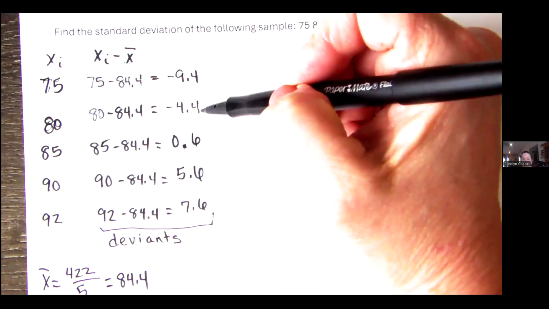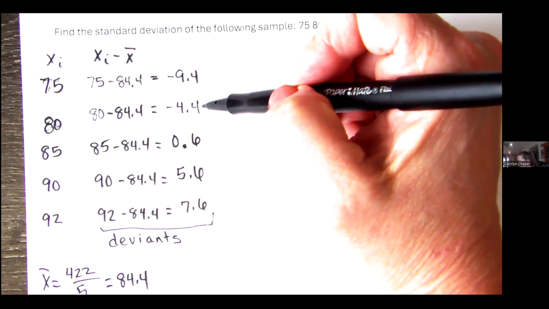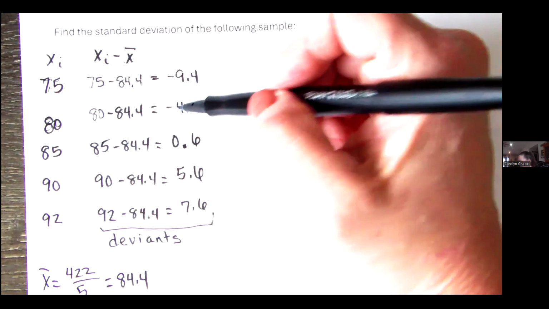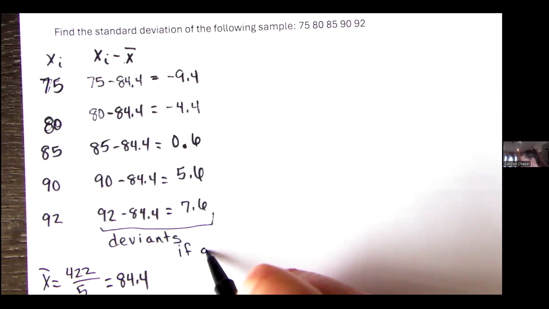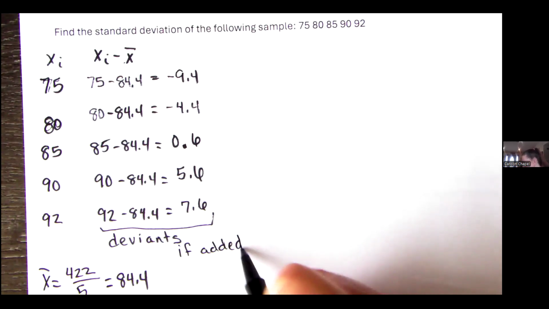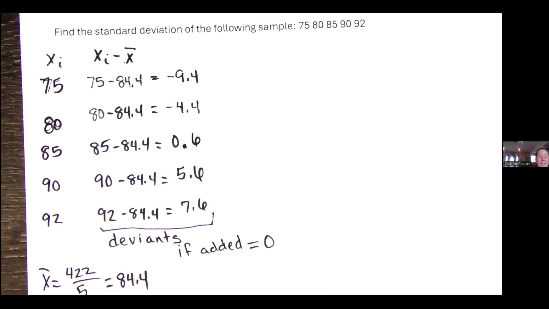This one differs by 4.4, and the negative tells me it's below. If you added these up, you will always get 0 because our deviations are spread evenly around the mean. Some are below, some are above, and that's how the mean is calculated.